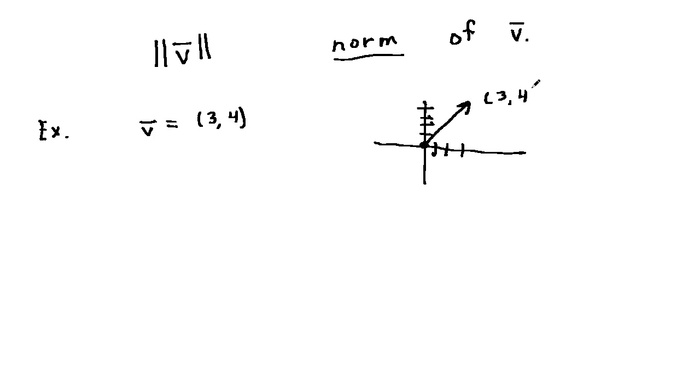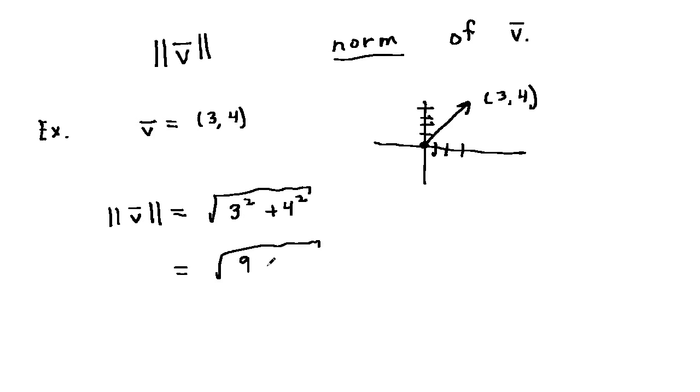So we want to find the length of this arrow here. The norm of v is the square root of 3 squared plus 4 squared. So that's square root 9 plus 16, so that's the square root of 25, which is 5.